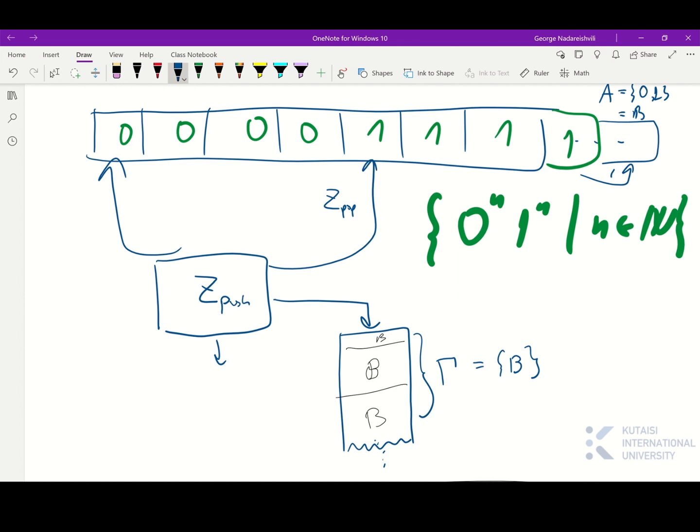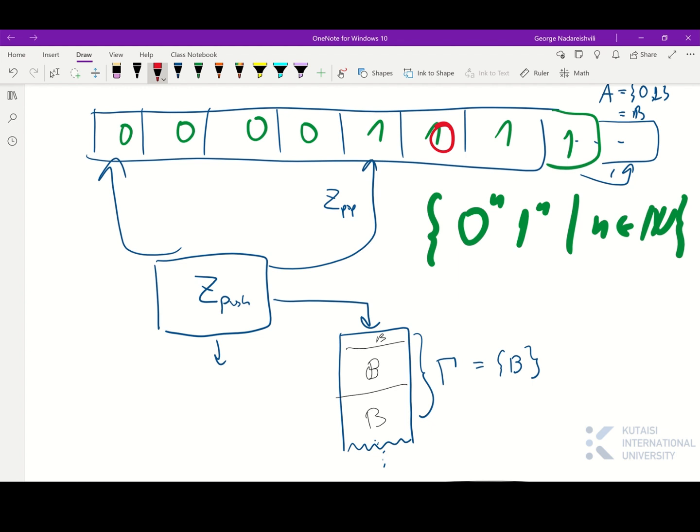Otherwise, reject, because if there is a 0 again somewhere here, I will push, push, push, pop one plate, then push again, pop, pop, and there will be one or two plates left. So I will not accept.